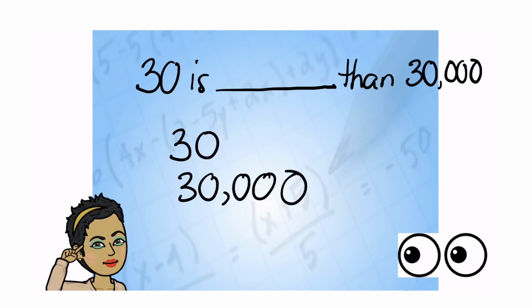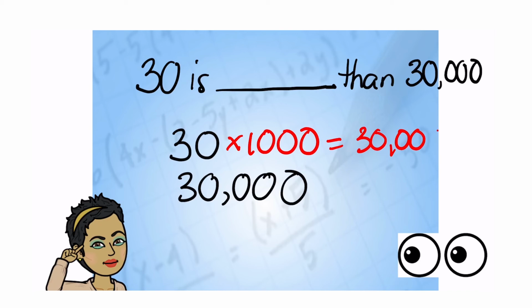We know that I would need 3 zeros in order for them to be equal to each other. So for me to have 3 zeros, I would have to multiply this by 1,000. Again, 3 zeros. In order to make that true, we're going to multiply it by 1,000 because then I'm going to have 30,000.